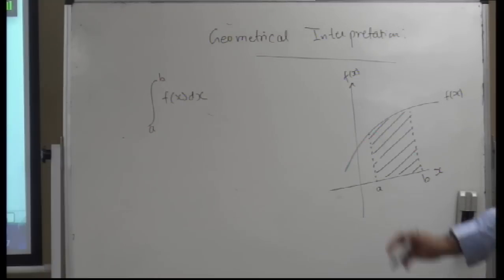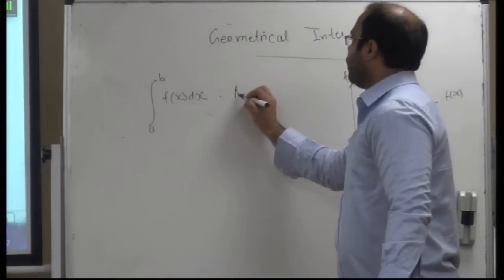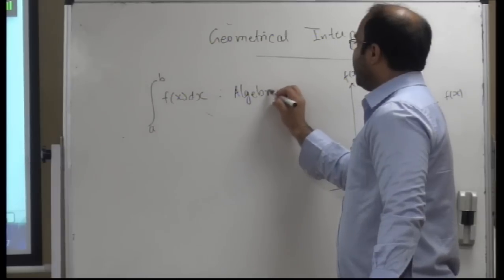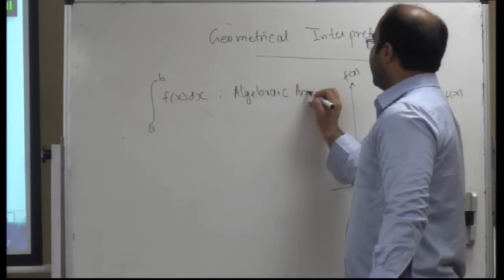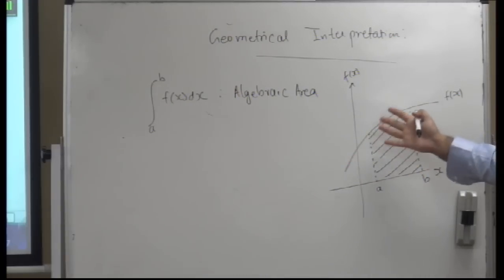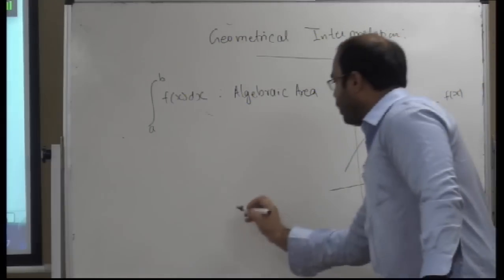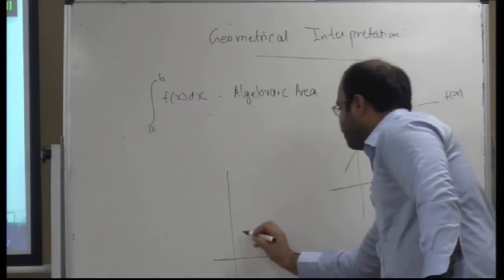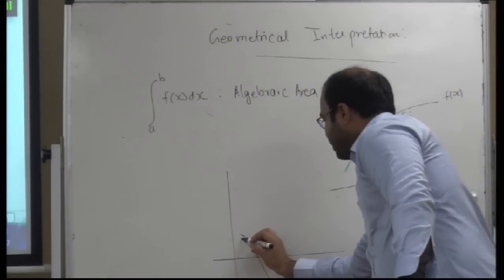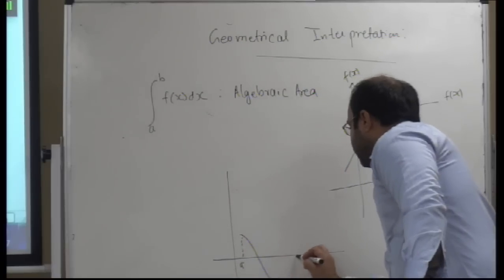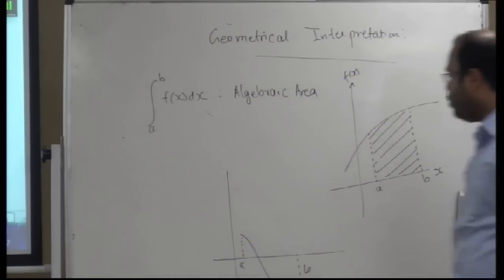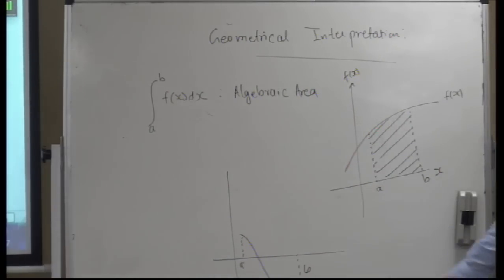and actually this is an algebraic area. What do we mean by algebraic area? Right now it is clear that this area is the integral a to b f(x) dx, but in case the function is like this, this is your a and this is your b, what do you mean by f(x) dx from a to b?